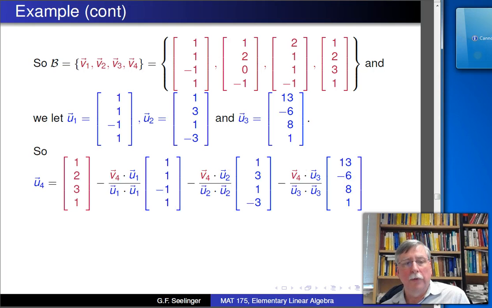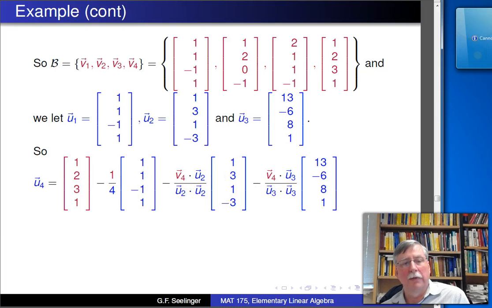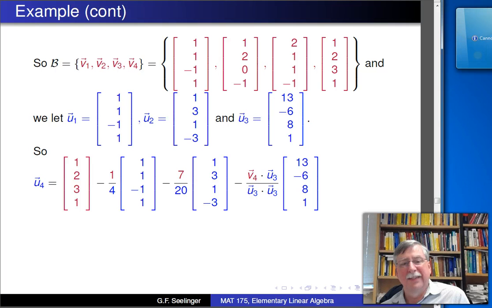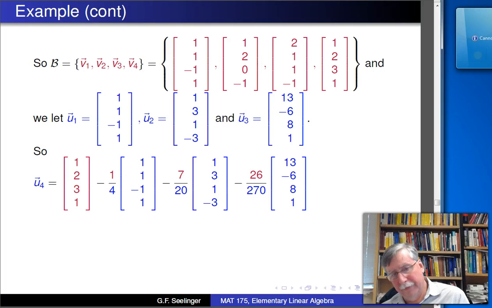And so for U4, we do the exact same thing. We take V4, but again, we use these modified vectors in blue to do the projections. I go ahead and compute the various dot products. I get 1/4 again. I get 7/20 here. And the last one, I get 26/270.